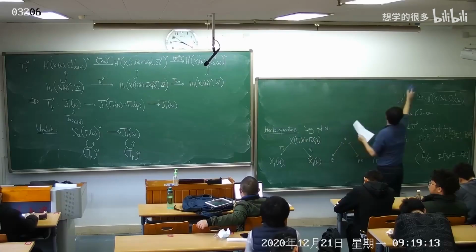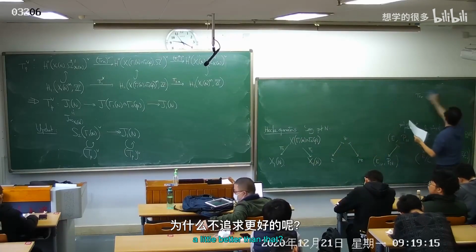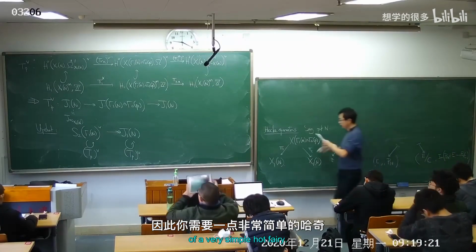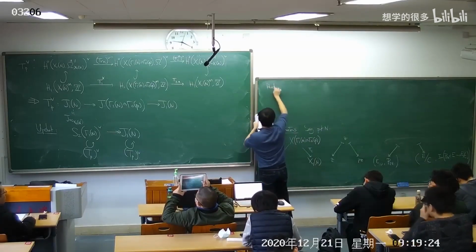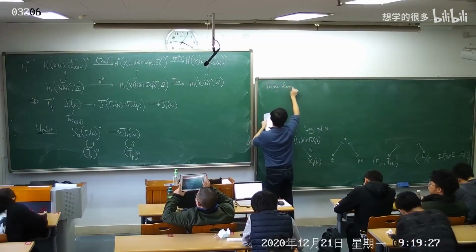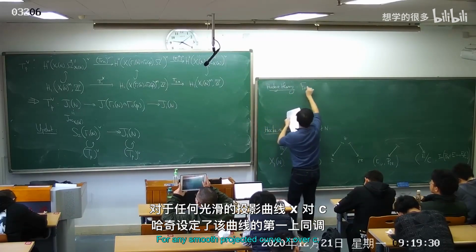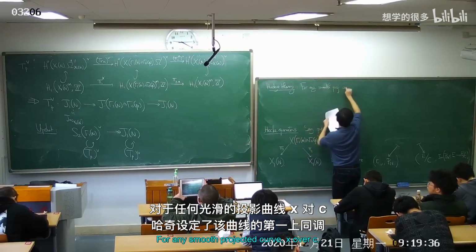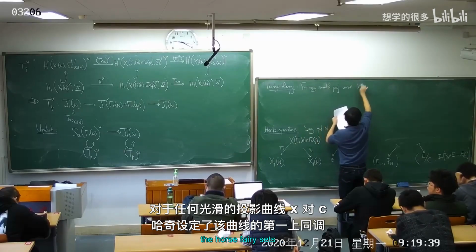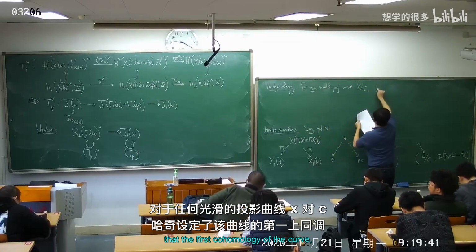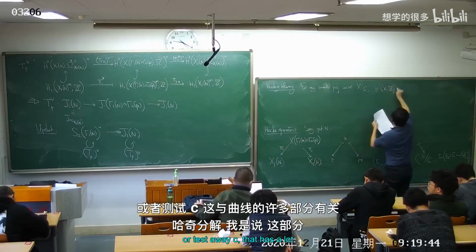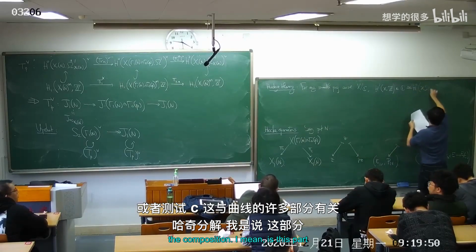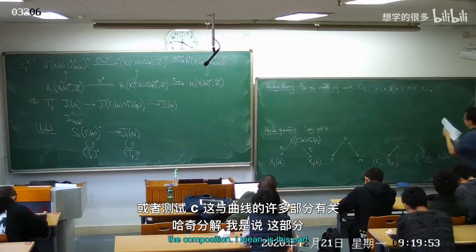Moreover, for curves, we'll have something a little bit better than that. So we need a little bit of very simple Hodge theory. For any smooth projective curve X over C, Hodge theory says that the first cohomology of the curve, tensored with C, has a Hodge decomposition.